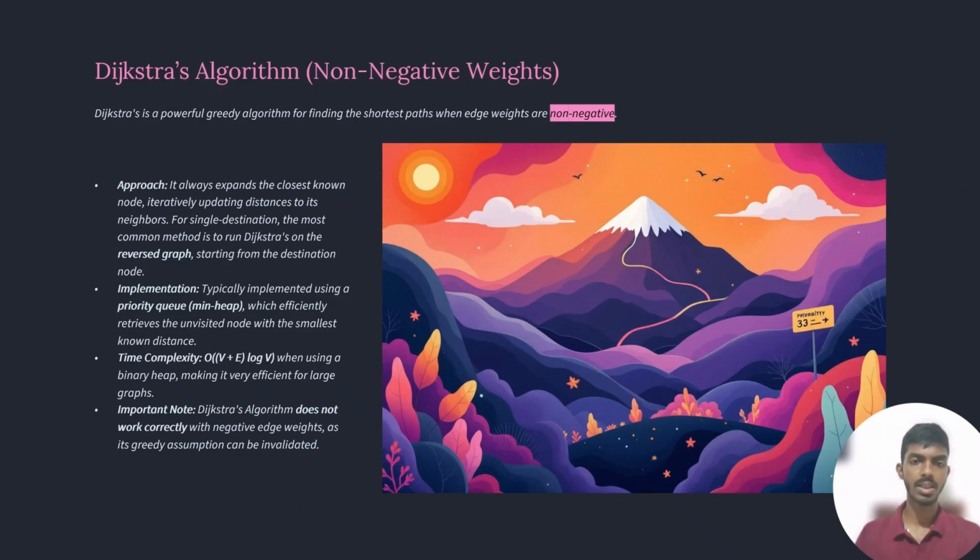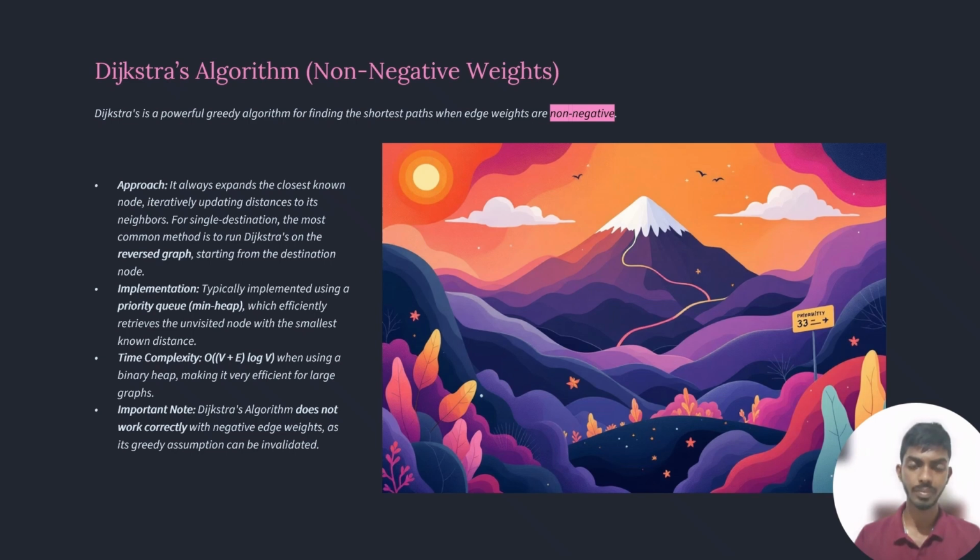Dijkstra's algorithm is a non-negative weights algorithm. Dijkstra is a classic for road maps and GPS. It assumes no negative weights. It uses a priority queue to always process the closest known node next. Greedy, but correct here.